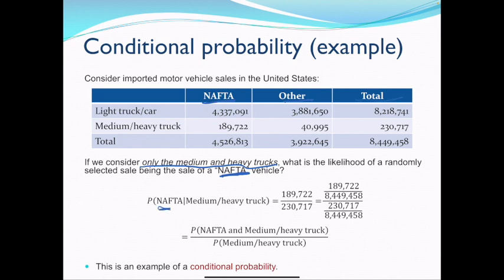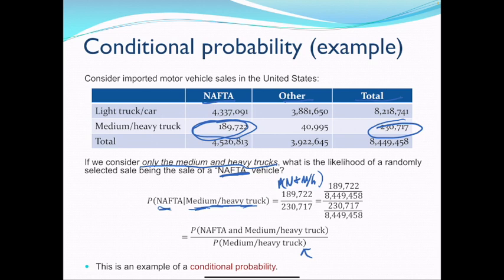So the probability of NAFTA, given it's a medium to heavy truck, is going to be the probability it's NAFTA and medium heavy truck, which would be this, right? That's the probability of both, divided by the probability of being a heavy truck, which is 230,717.